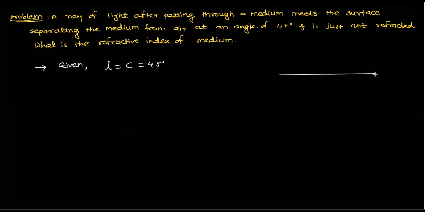Suppose I draw the diagram for you. You can see here, this light ray is coming like this and then just touching the interface, and this is your normal. Then this angle is your angle of incidence and also your critical angle, theta c or just c, whatever you want.